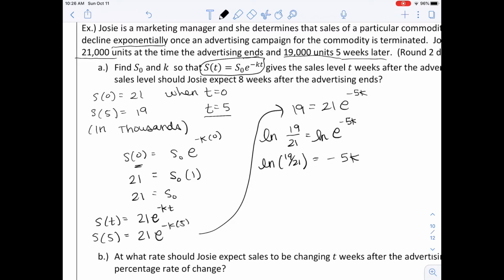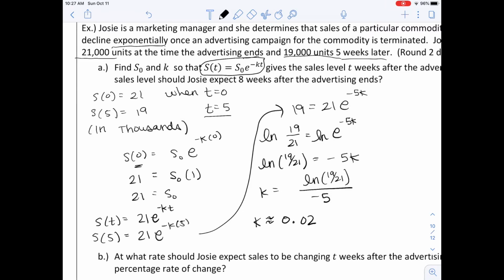From here I can divide by negative 5, and I will have k is equal to ln of 19 over 21 divided by negative 5. Substituting this into my calculator, we get k is equal to 0.02. And again, I'll change this to approximately equal to, and it does say to round to 2 decimal places up above.